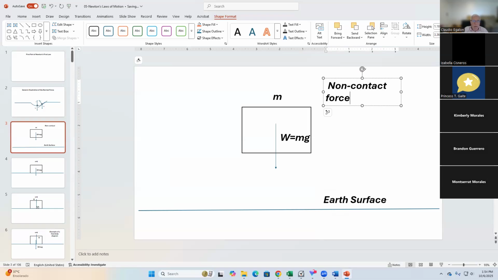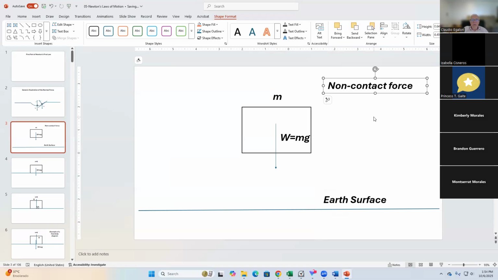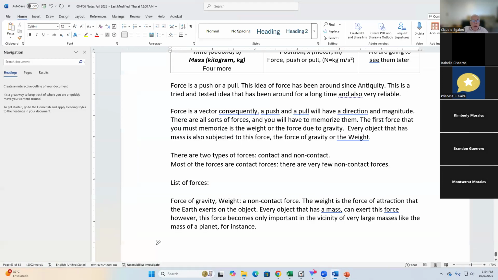That's the first one that you have to memorize. Okay? There are other non-contact forces. For instance, examples of non-contact force. One, the weight.